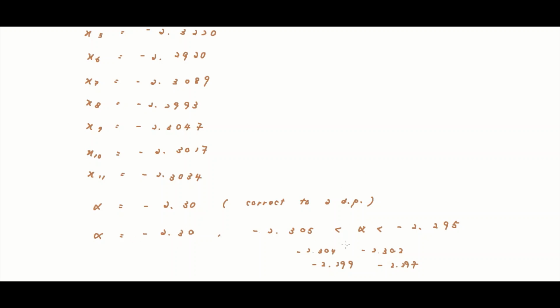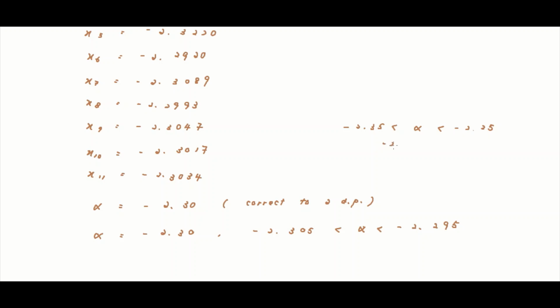So if let's say you ask, can I do another range? Okay, let's try it out. If you are not using 0.005 as the lower and upper, then maybe you try negative 2.35 to negative 2.25. Now let's see what values fall under this interval.